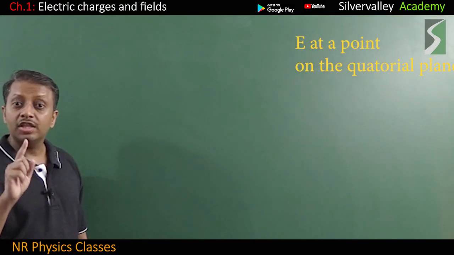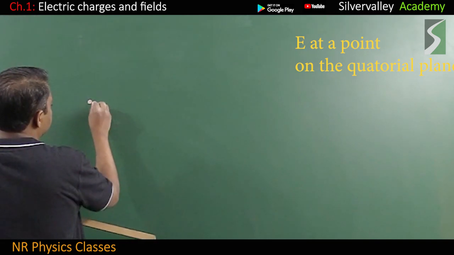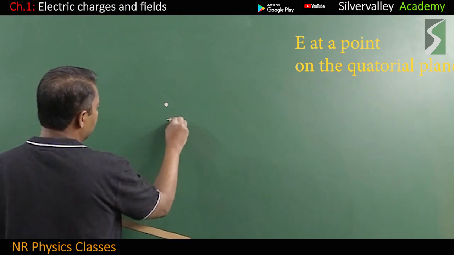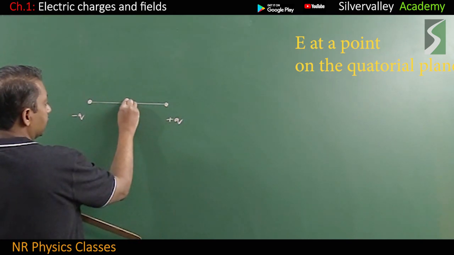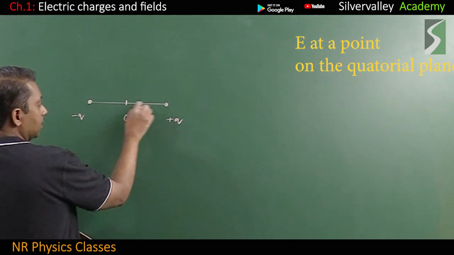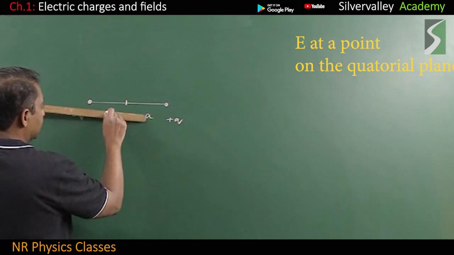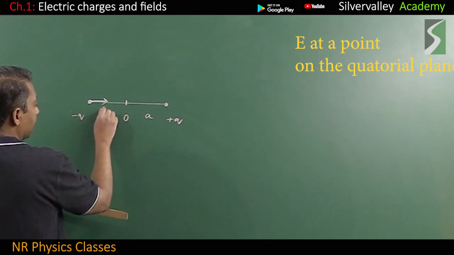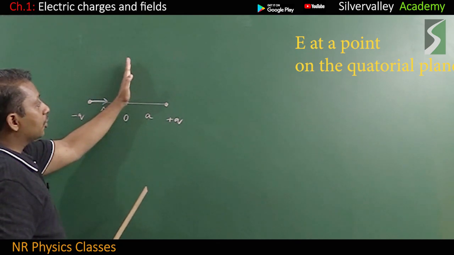Electric field at a point on the equatorial plane. This is an electric dipole, minus q plus q, center of the dipole O, this distance is a, this is also a. The direction of the dipole moment is from minus q to plus q, this is p cap. This plane is called the equatorial plane.